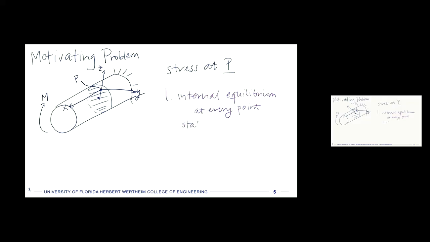So I'm just going to write static equilibrium below that. Okay. And so then if we use that and we zoom down into some infinitesimally small cube of material, that cube is also in equilibrium, right? So we're going to talk about that cube. And that cube is going to be our local stress state, okay?